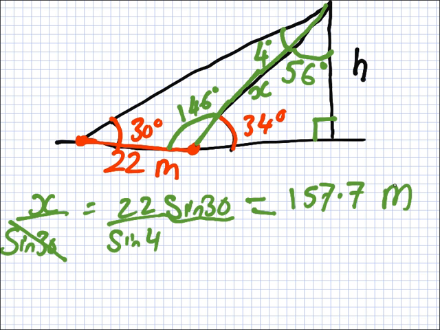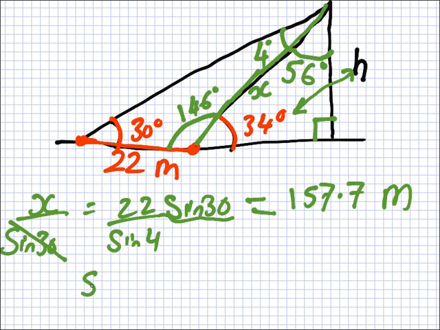Right. Now, do you see this triangle here is a right-angled triangle? So now we could use one of those rules from earlier. We are looking at H. What's the relationship between H and the angle 34? Is it opposite, adjacent, or hypotenuse? And the X? Hypotenuse. So which rule do we need if we're talking about opposite and hypotenuse?